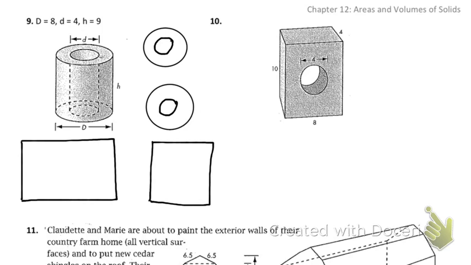I have one circle in the center, and I have one circle on the outside. Alright, this paper that's on the outside is this rectangle, and this paper that was on the inside is going to be this rectangle, but they won't be the exact same size.